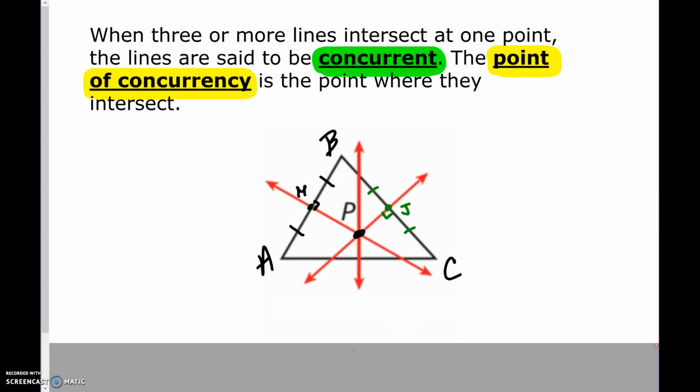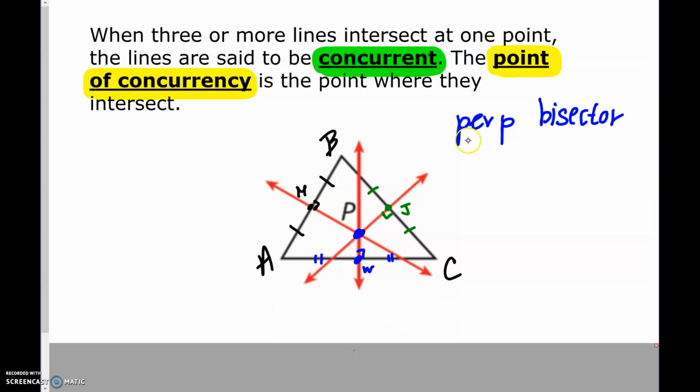And if we look at AC, this point right here, W, AW is congruent to WC, and this is coming down perpendicular. So these are the perpendicular bisectors, and they meet at a point of concurrency, and this point of concurrency has a special name.